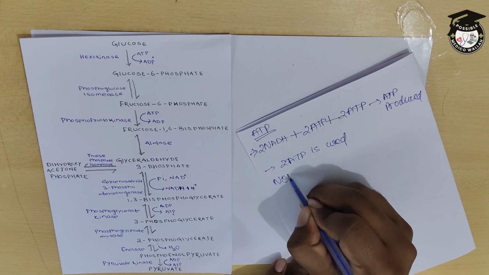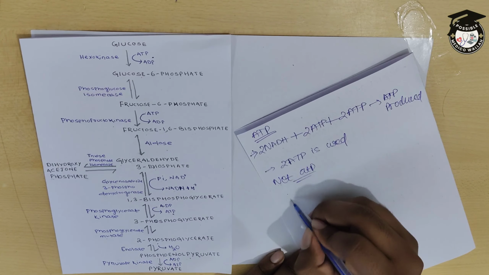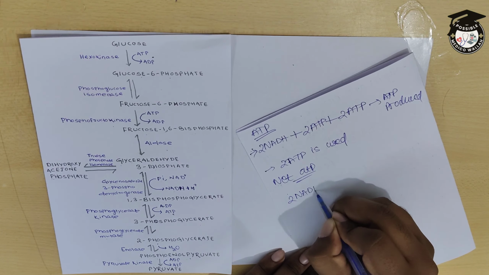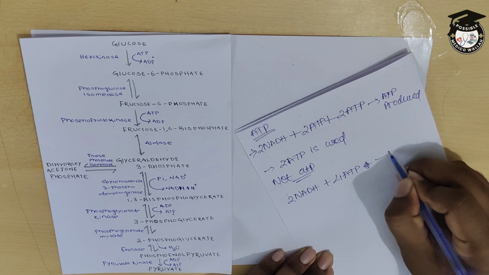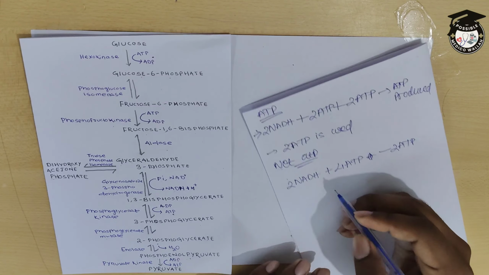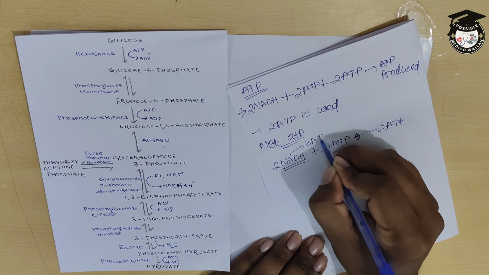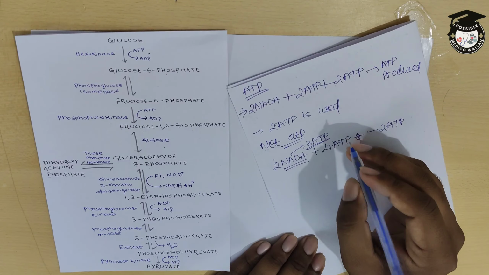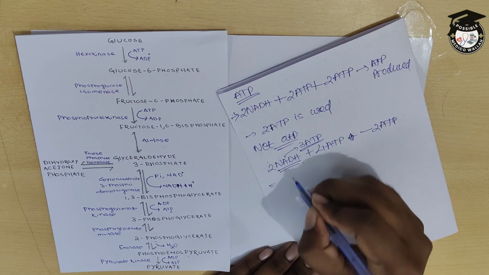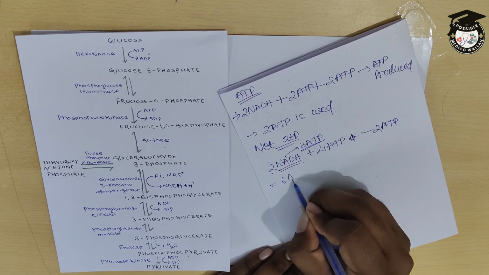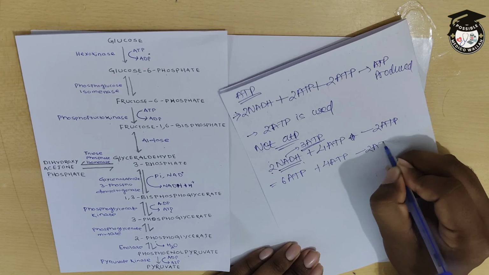So net ATP is 2 NADH plus 4 ATP minus 2 ATP, and each NADH is responsible for 3 ATP, which is produced in the electron transport chain that occurs in mitochondria. That means 2 into 3 is 6 ATP plus 4 ATP minus 2 ATP.